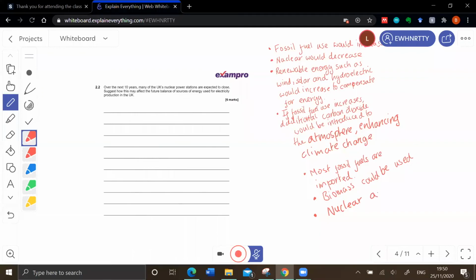So nuclear and renewable technologies are expensive to set up. And it's debatable whether that's a good investment. Okay, so could be a good investment.